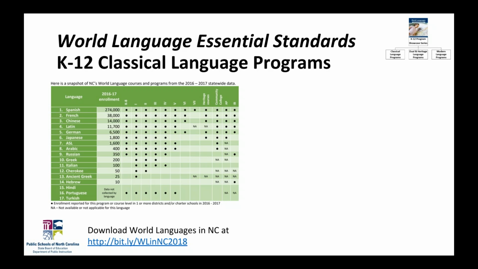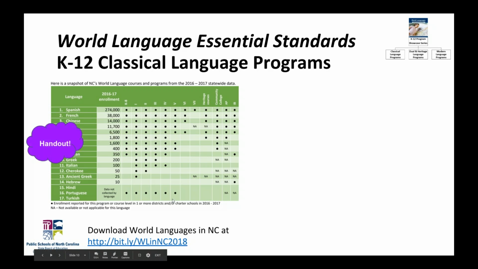And then you see across the chart where that enrollment is coming from based on course codes and data collected statewide. Now you can download the World Languages in North Carolina document that you see there, the whole thing, by going to the bit.ly link, or it's also the second handout in our broadcast today. So if you pull that up, you can quickly see this information. Again, it displays as a PDF, and you should be able to download it to your computer.